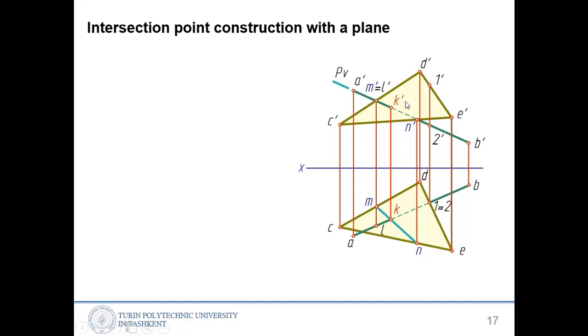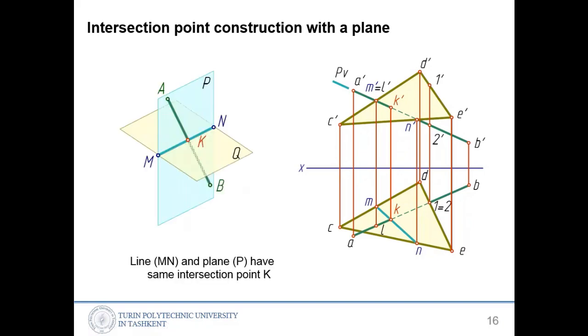Okay, so how to find the point K, the projections of the point K, in the intersection of a line, and that line intersected with a plane CDE. How to find this point K. So we have stopped in this example. Two planes are given, the intersection point construction with a plane.